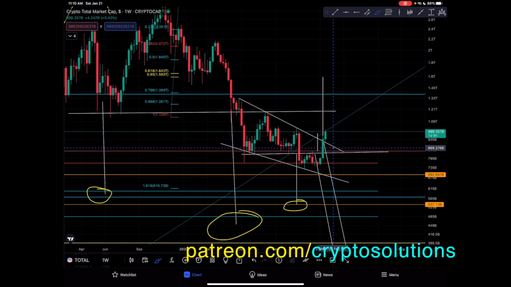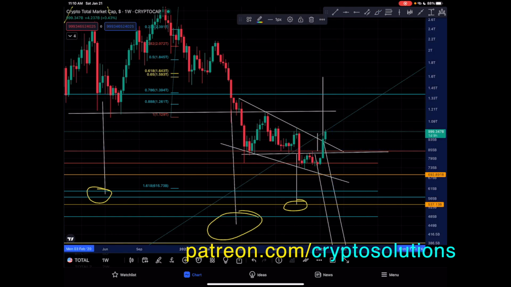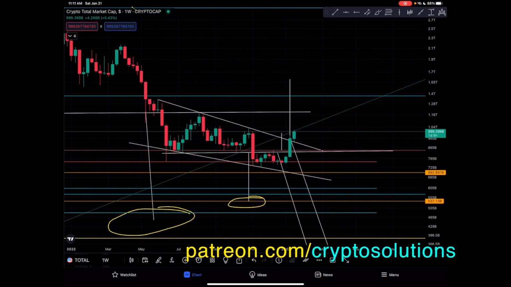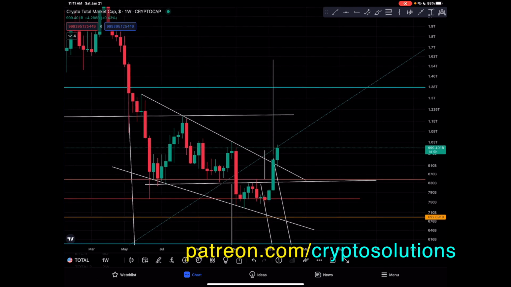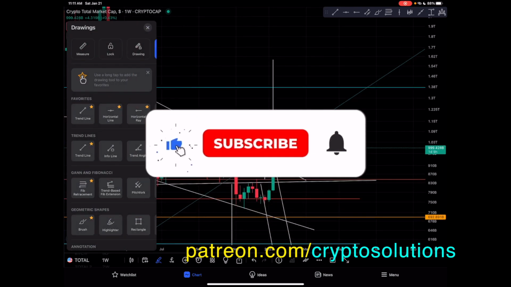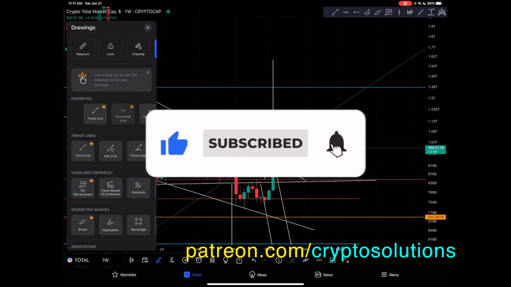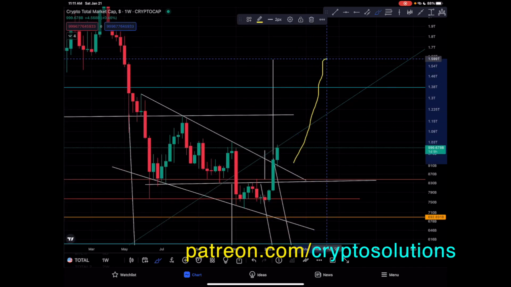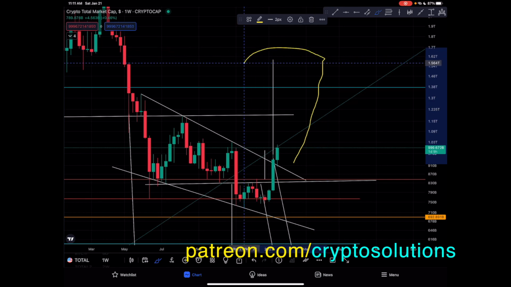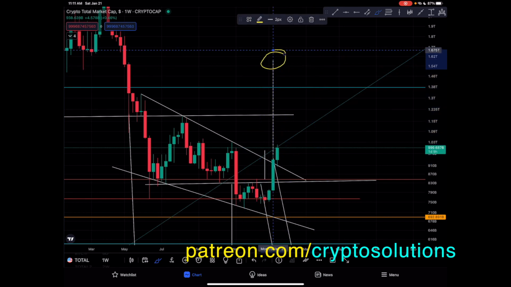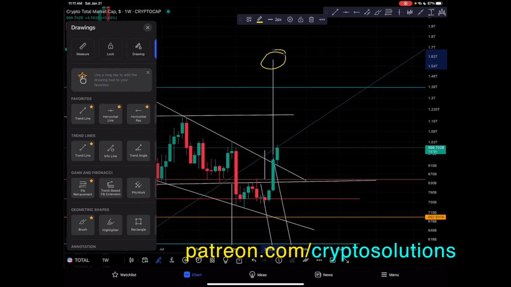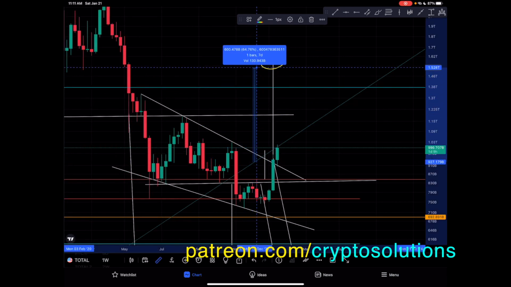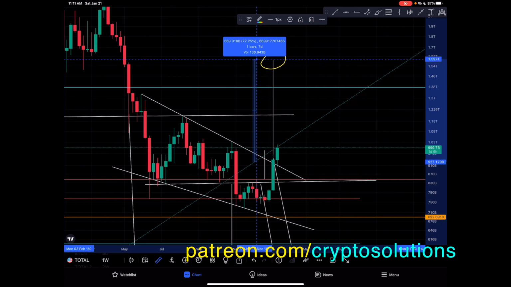So the target here, using the bear flag scenario now turning into a bullish scenario, has a price target all the way up around here, around $1.59 trillion for the total cryptocurrency market cap.